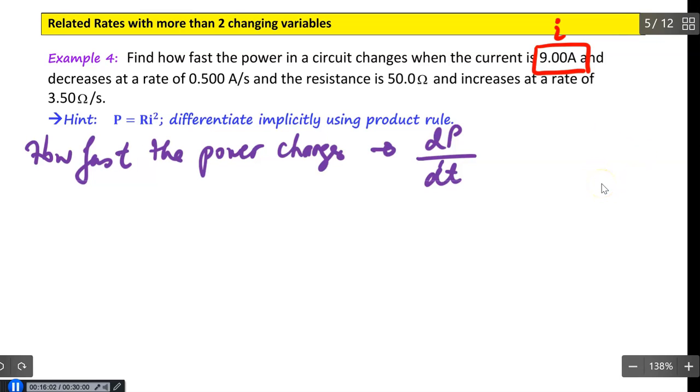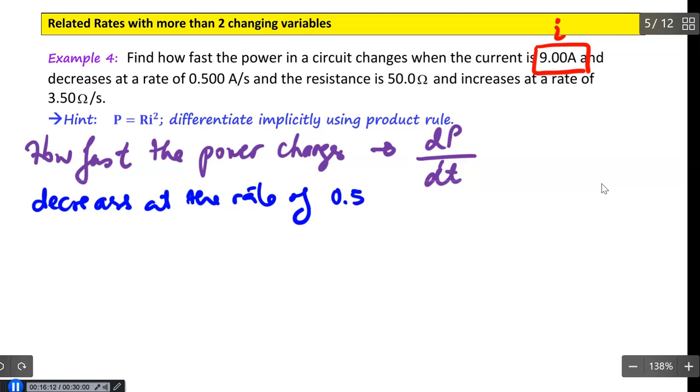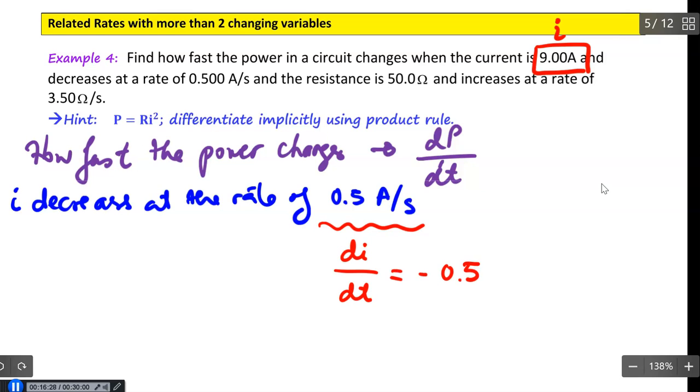Decreases at the rate of 0.5 amp per second. So the key here is, okay, so I should put I decreases. So I should write dI/dt equal to negative 0.5 amp per second.